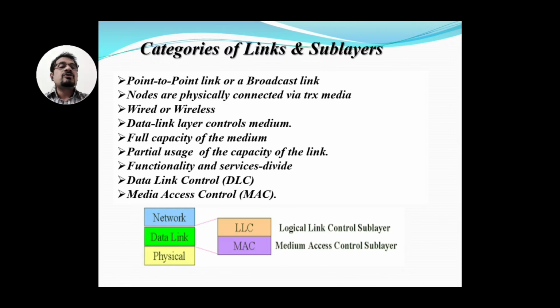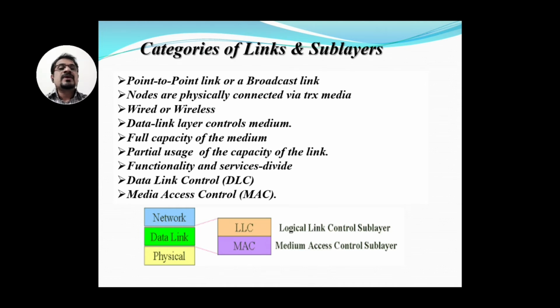Nodes are physically connected via the transmission media. That transmission media may be wired or wireless, so it can support both mediums. Ultimately, this data link layer is going to control the medium.